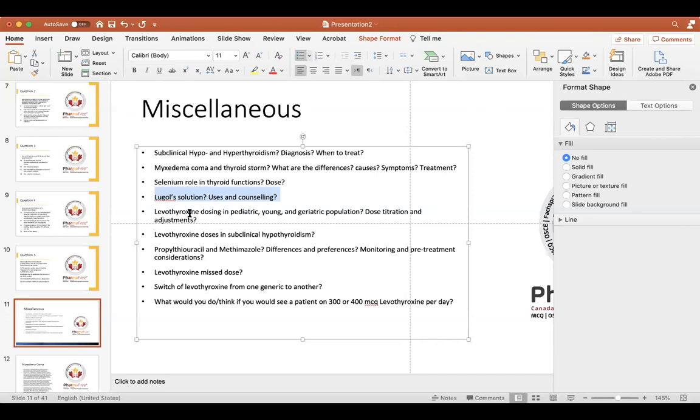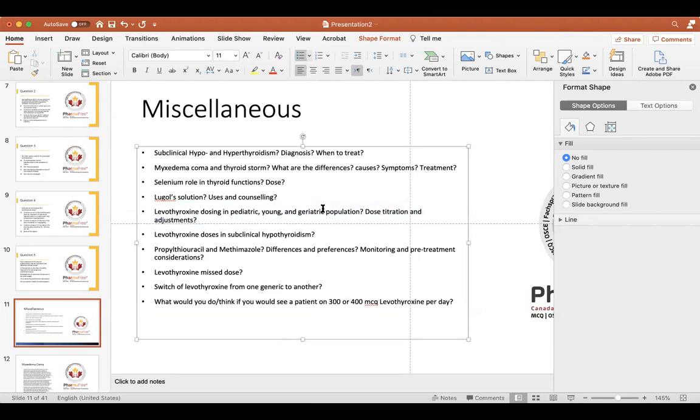Levothyroxine dosing in pediatric. I think we discussed that. In young, pediatric, and geriatric, what are the dosing of levothyroxine? What is the dose in children and the young and geriatric population?